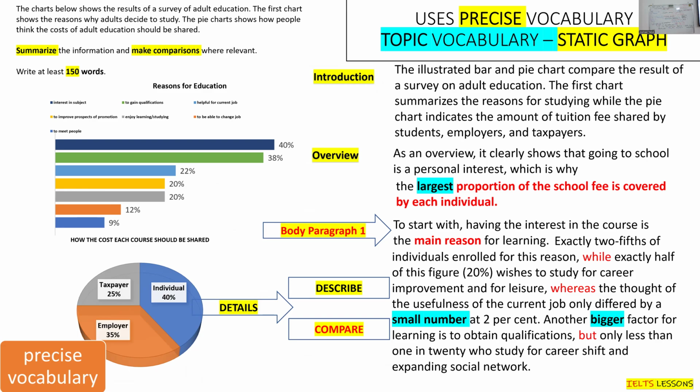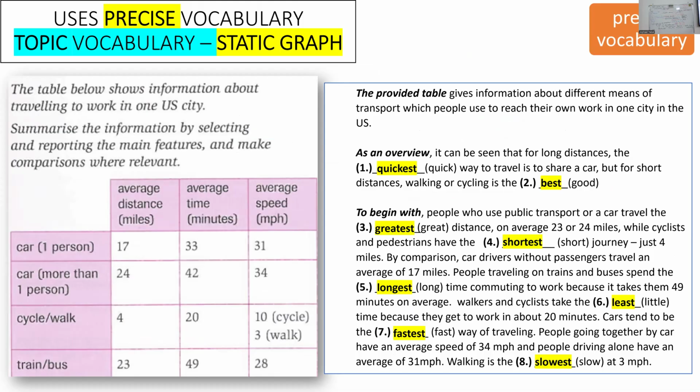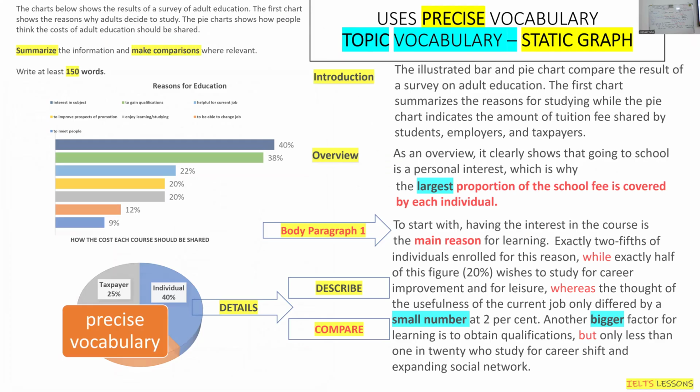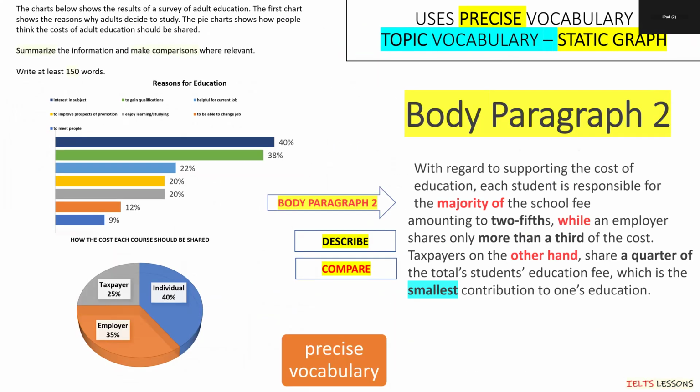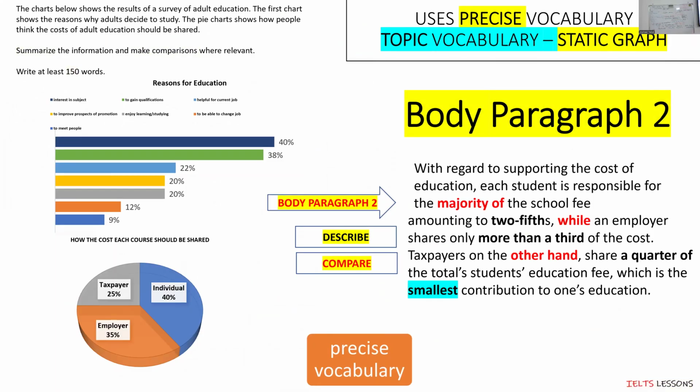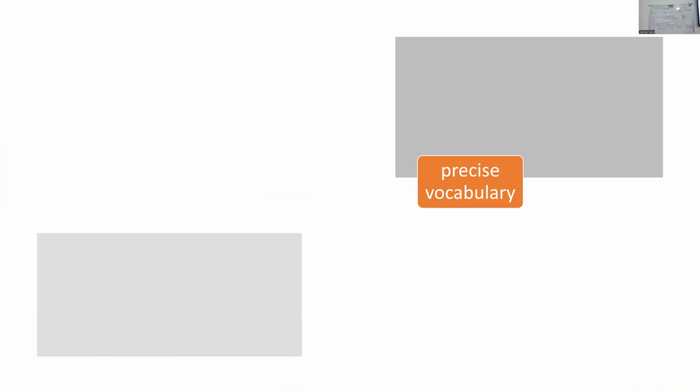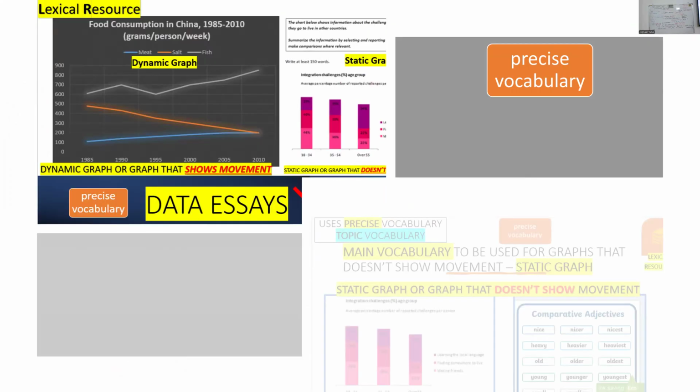The examples I see here are the quickest way to travel, the greatest distance, shortest journey, etc. That is why it's very important to differentiate the two types of data essay: one is the dynamic essay and the other one is the static essay.